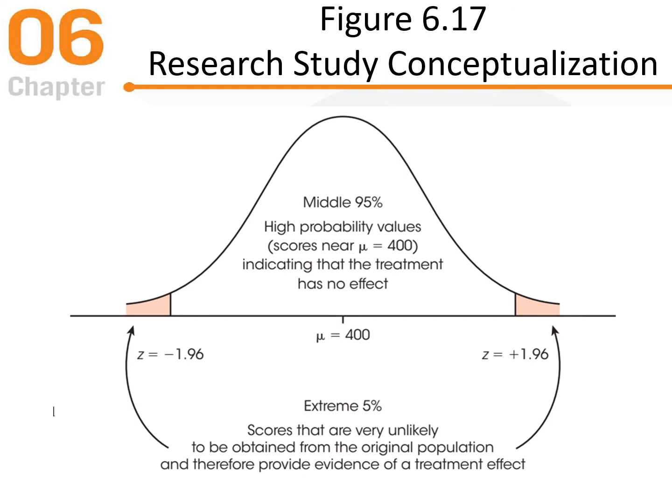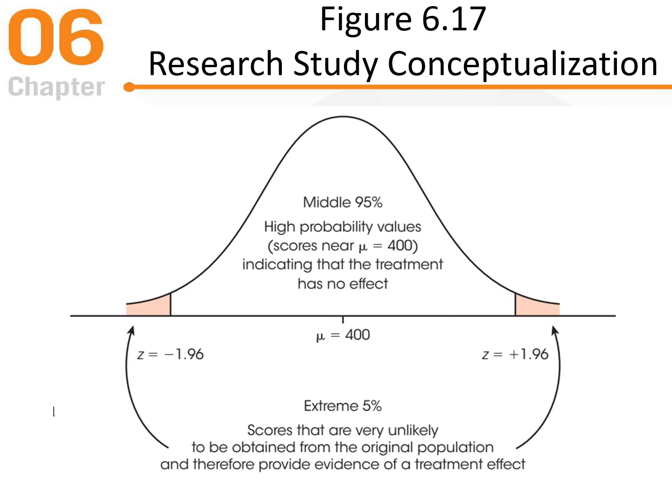In other words, if my sample mean has a z-score of greater than 1.96 or less than -1.96, there's a 95% chance that my sample is different than the population mean, and therefore the treatment was successful.